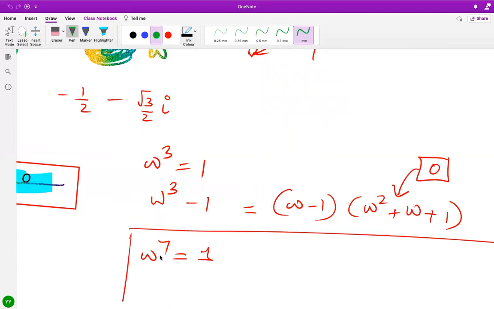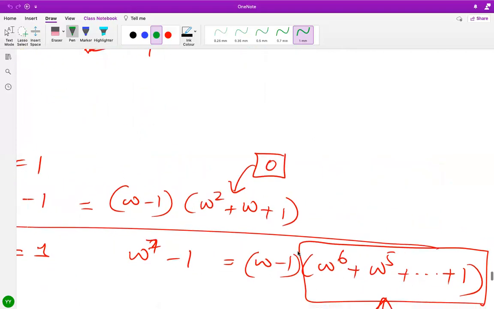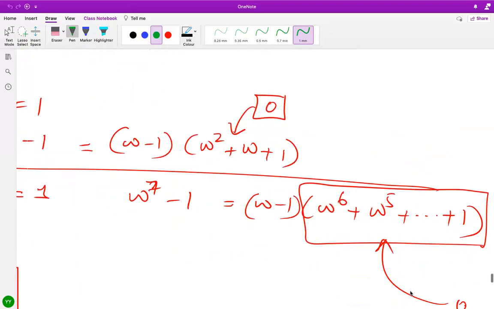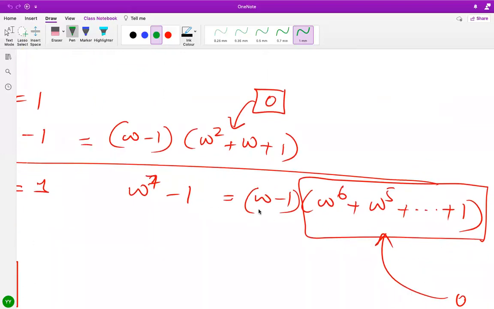If, for example, omega raised to 7 equals 1, then I can take omega to the power 7 minus 1, factor out omega minus 1, omega to the power 6, omega to the power 5, and up till 1. In that case, they might ask you to show that this is 0. Because omega is a complex number, omega can't be 1, so this must be 0. So that's how you find out the complex roots of unity.